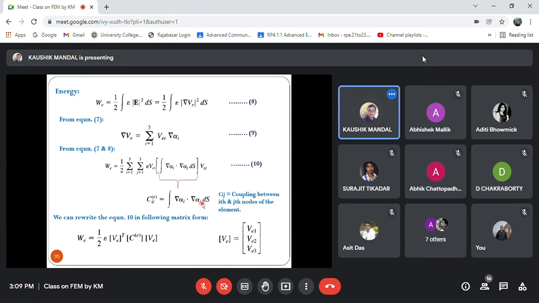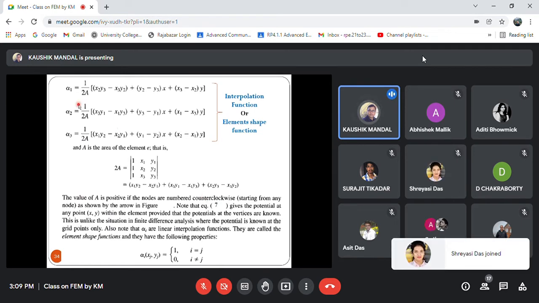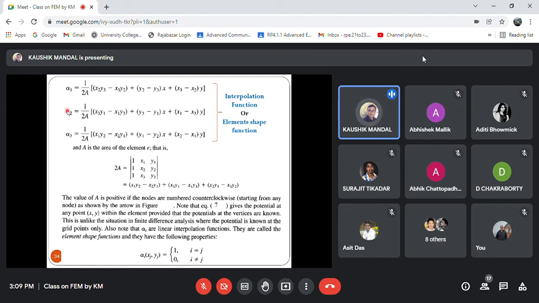Each and every element of this coefficient matrix can be found by using this equation, the integration of grad of alpha i into grad of alpha j ds. Grad of alpha i and grad of alpha j you can calculate if you move back. We have already calculated alpha 1, alpha 2, and alpha 3, so by applying the grad of alpha 1, alpha 2, and alpha 3, you can calculate it.